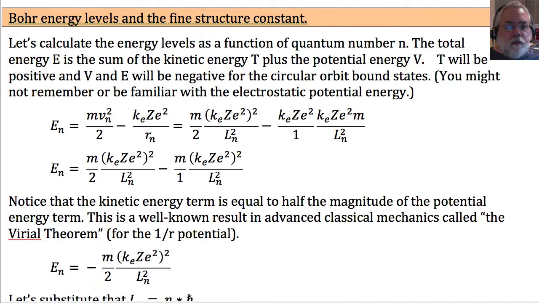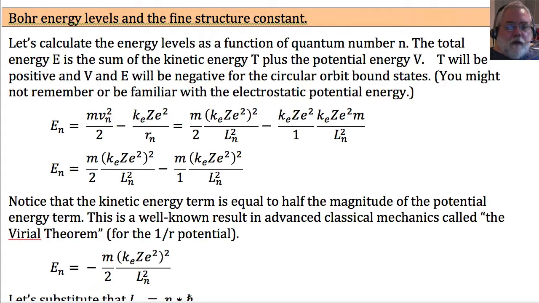E sub n equals kinetic energy 1/2 m v squared plus the potential energy, which will be minus k sub e z e squared over r sub n.